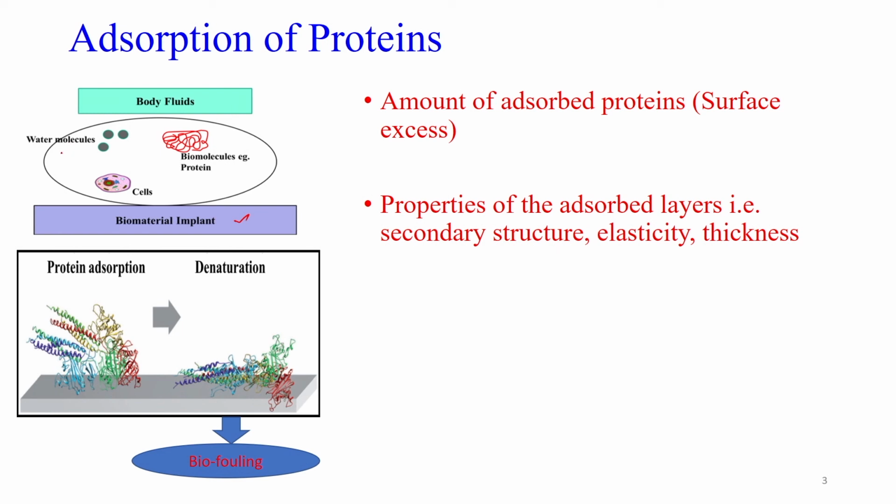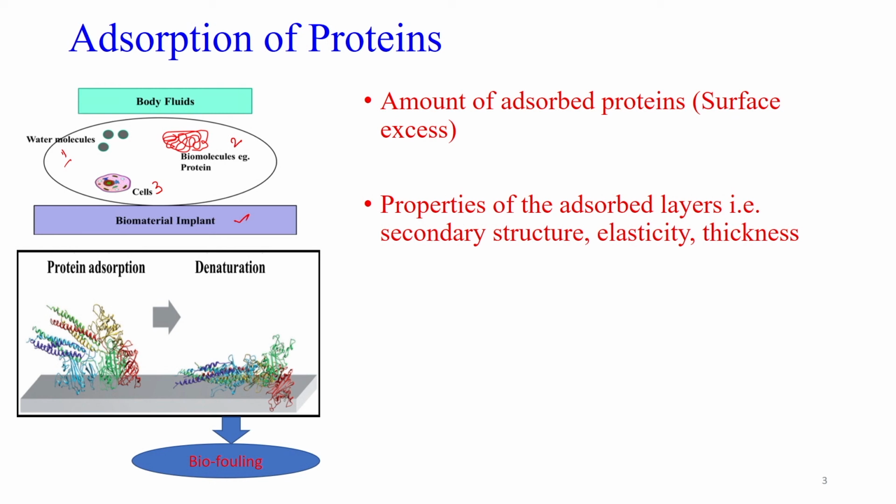Depending on their diffusivity, first the water molecules will come to the surface, followed by the protein, then the cells. So, in protein-surface interactions, there will be adsorption of the protein due to various interactions between the surface and the protein.